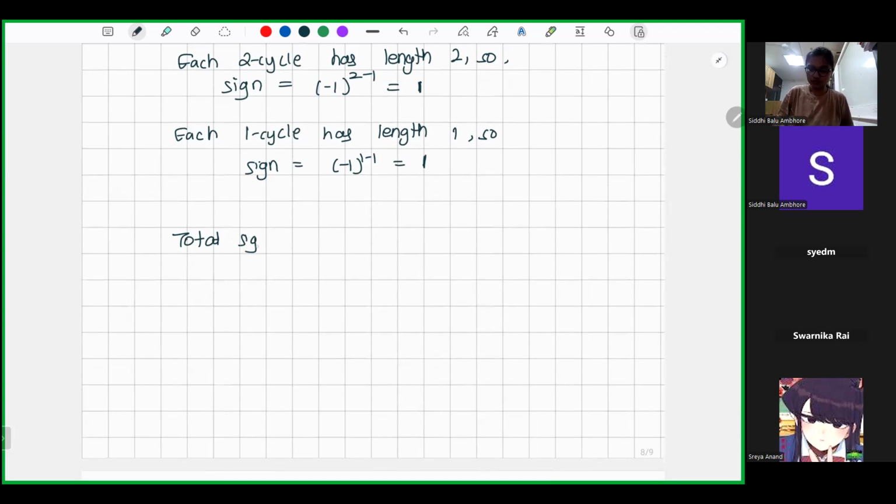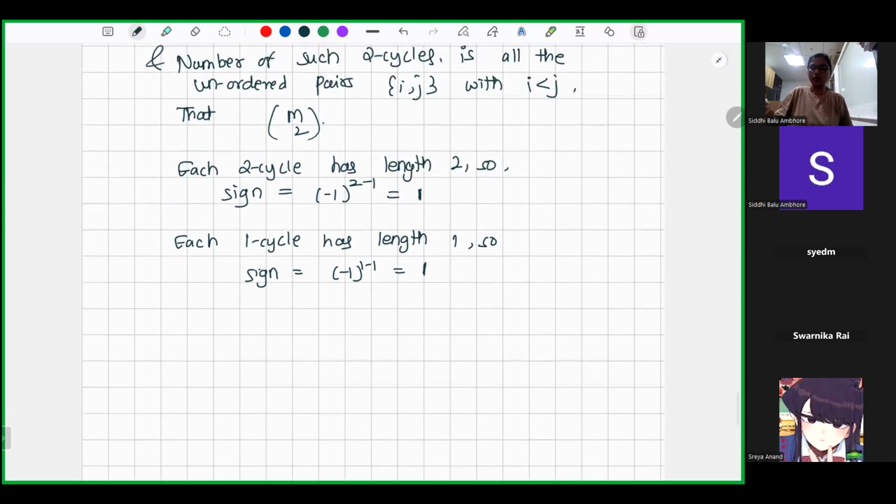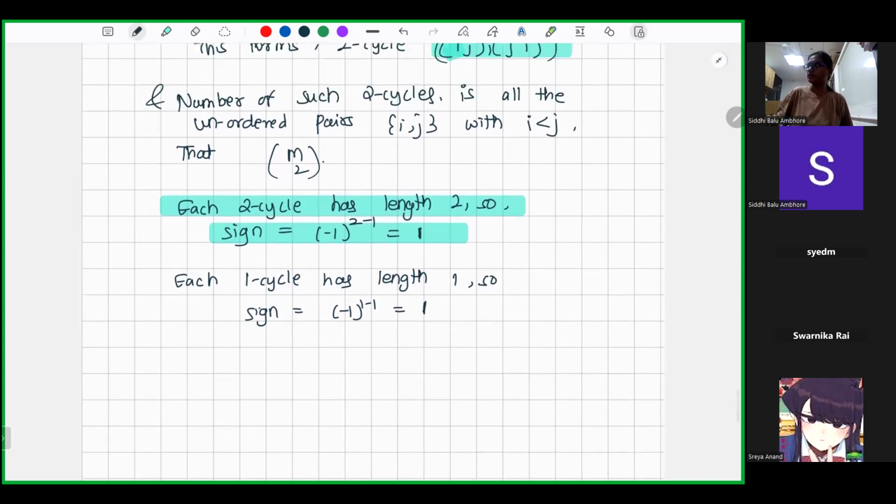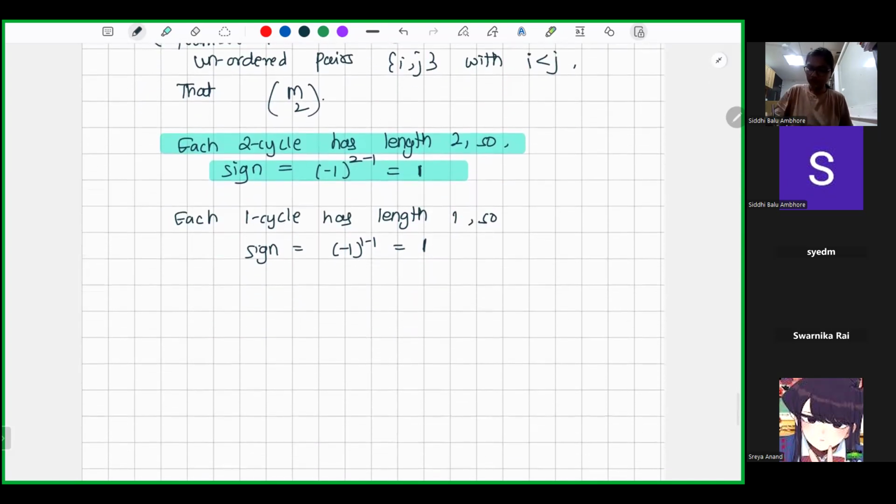Yeah, so the only thing that contributes is this 2-cycle part.